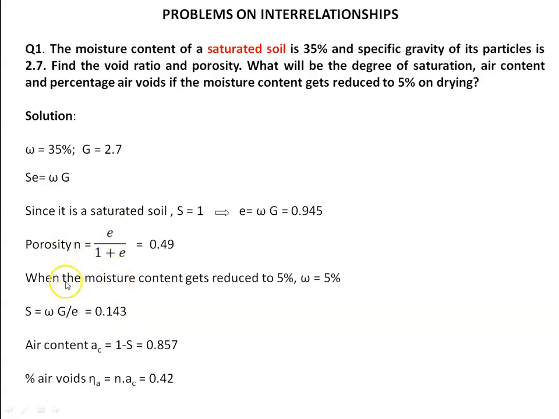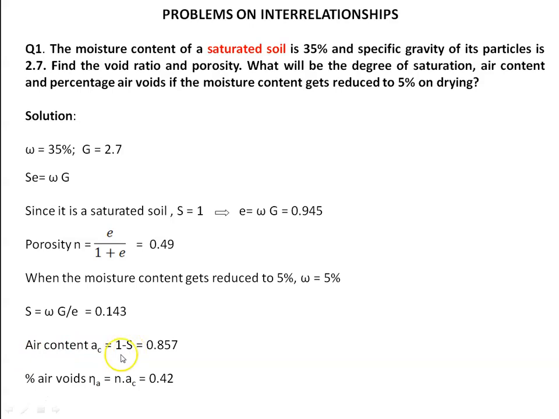Then, when the moisture content gets reduced to 5%, that is water content equal to 5%, once again we can use the same relationship S = wG, and then we can estimate the degree of saturation. Then knowing the value of degree of saturation, we can estimate the air content, which is equal to 1 minus degree of saturation.